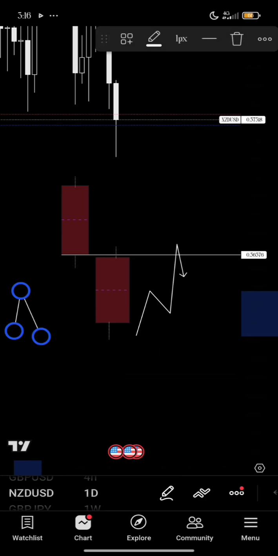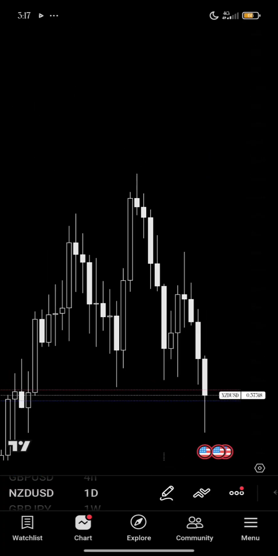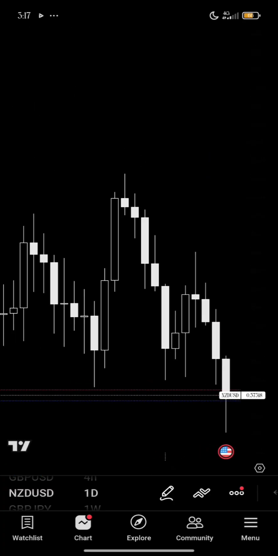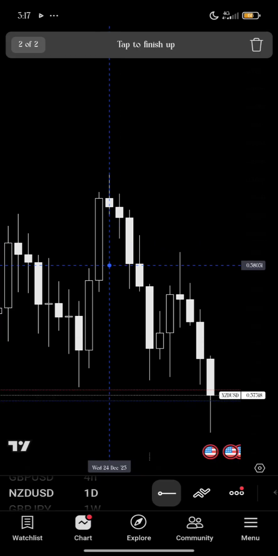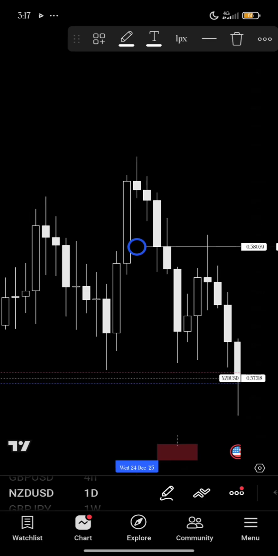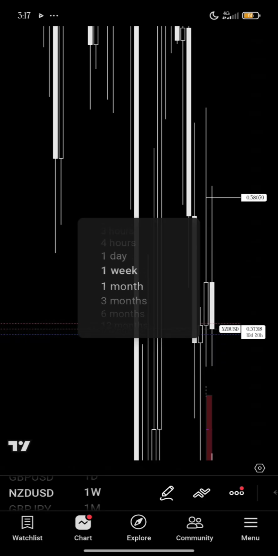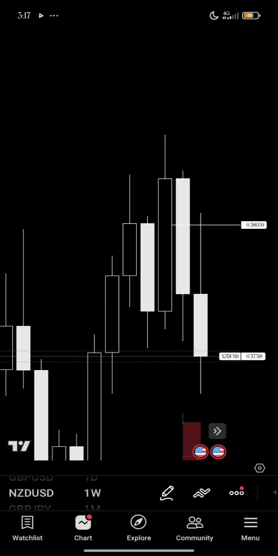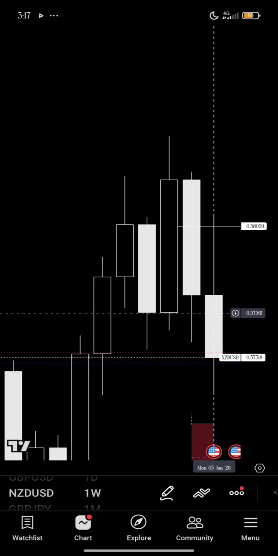So now let's go to a practical, real world scenario. Now I can see this on NZD/USD. On NZD/USD, if you can see, price gave us an open close level. Mind you, before we start talking about that one, on the weekly time frame, price was trying to tap into this key level here.